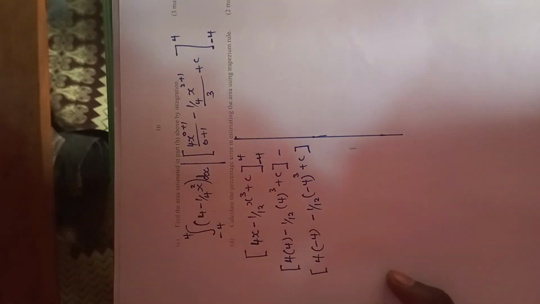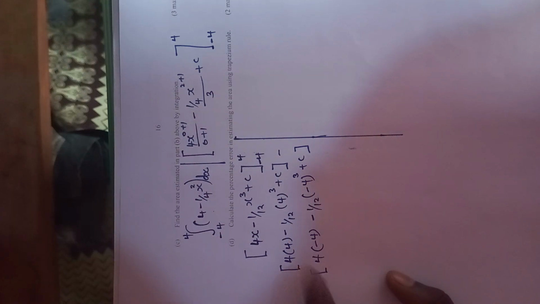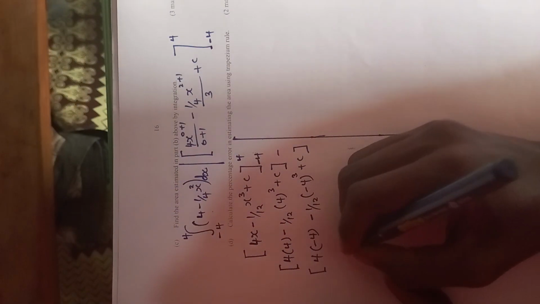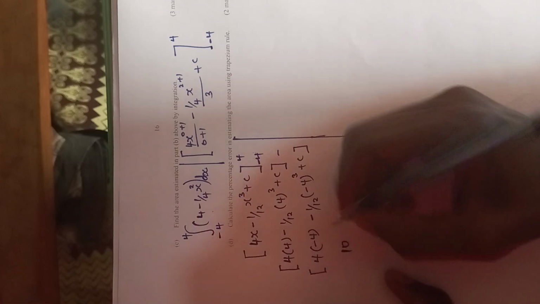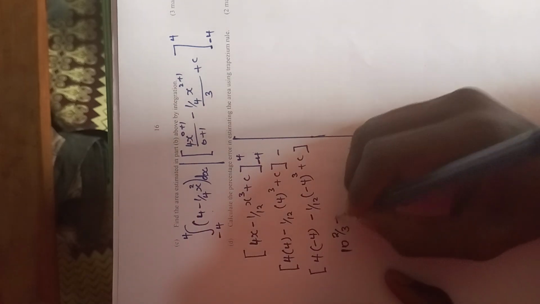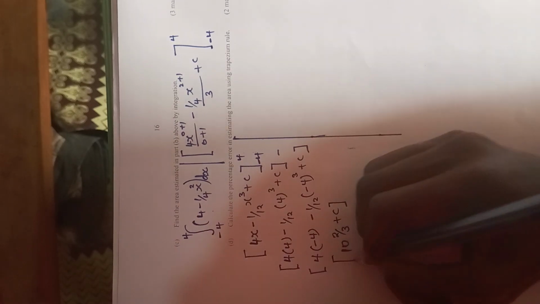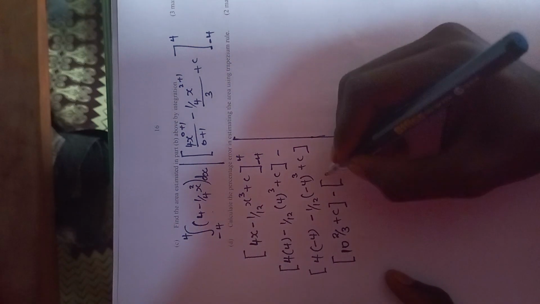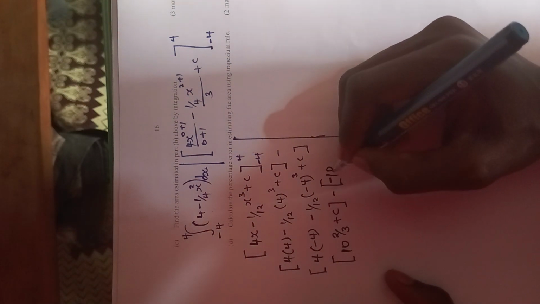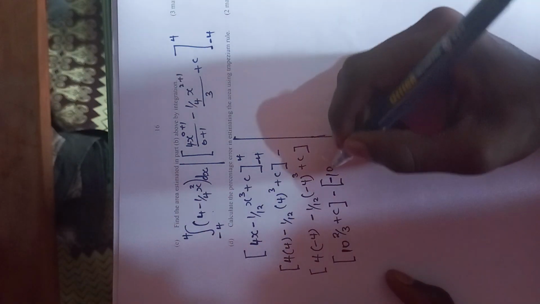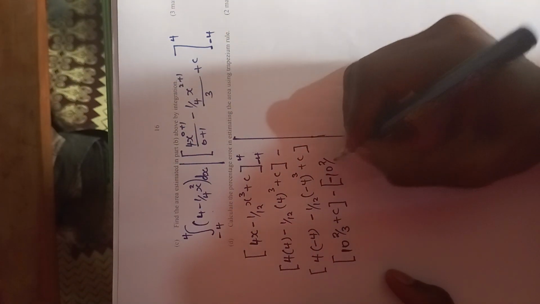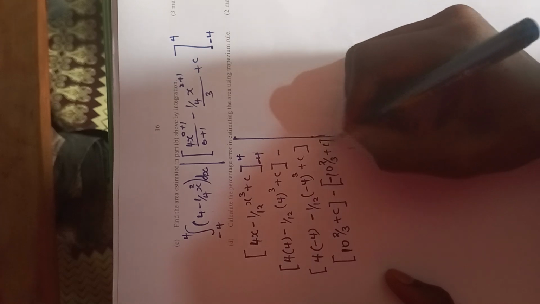So for the first bracket, we are going to end up with 10 and 2/3 plus c. And then for the second bracket, if we substitute, you are going to end up with negative 10 and 2/3 plus c also.